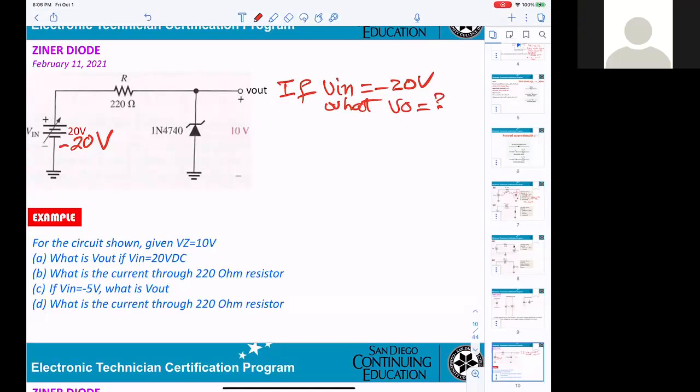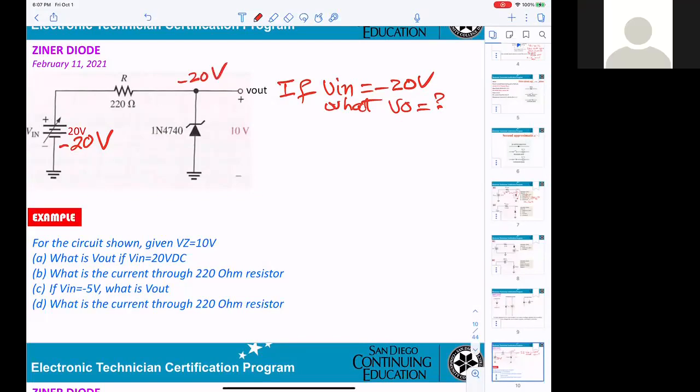Minus 0.7. What does V out equal? Minus 20 volts. V in equals minus 20. Okay. What does V out equal? Okay, now you get minus 20 here.